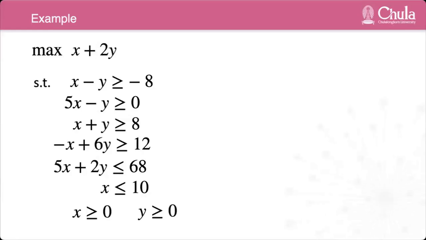The third one, you need an extra variable, and you have to subtract a slack variable. What about the fourth one? Again, the same. You need an extra variable and subtract a slack variable. This one you have to introduce a slack variable, and the last one you have to introduce one slack variable.